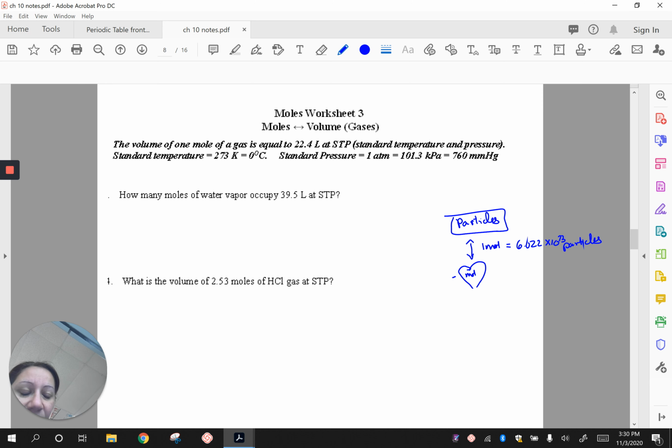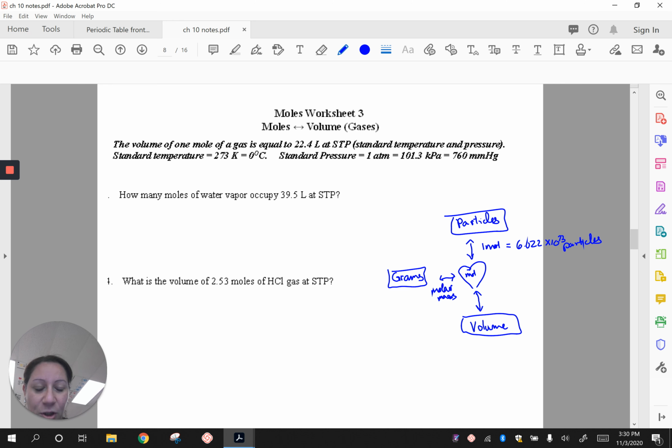We also had talked about going from moles to the mass, or grams, using the molar mass from the periodic table. Today, we're going to talk about how you can go from moles to volume.